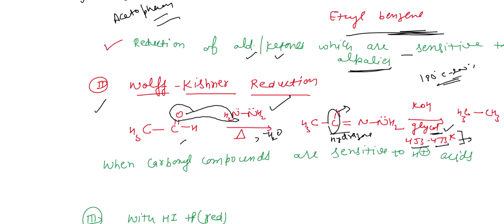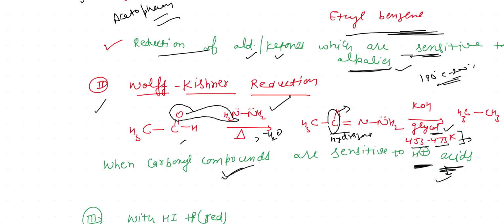In case of Clemmensen, only those aldehydes and ketones are used in this reaction which are not sensitive to acids. And in case of Wolff-Kishner reaction, only those carbonyl compounds will be used which are sensitive to H positive, which are sensitive to acids.